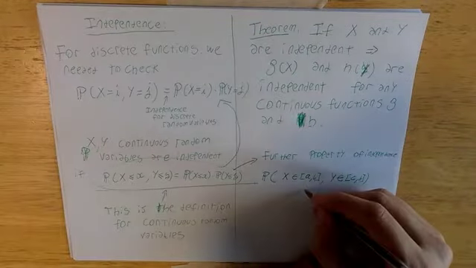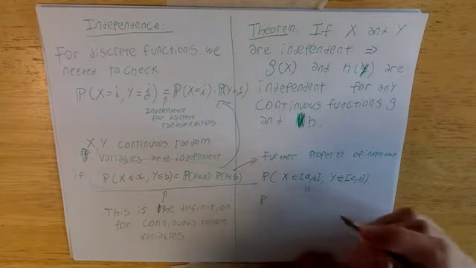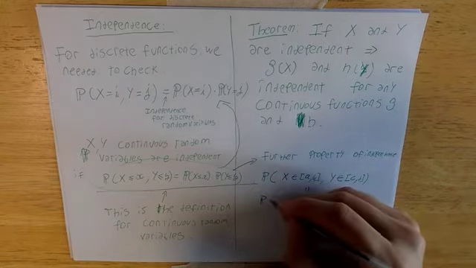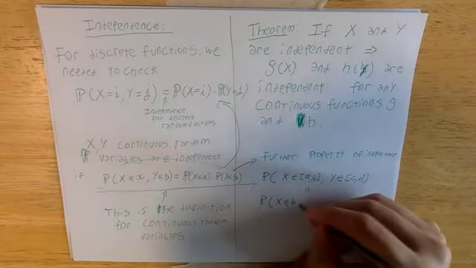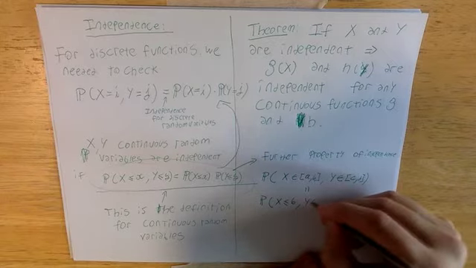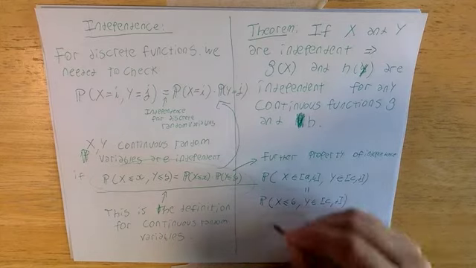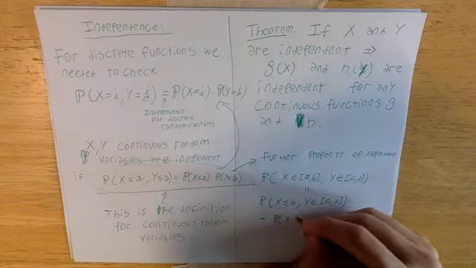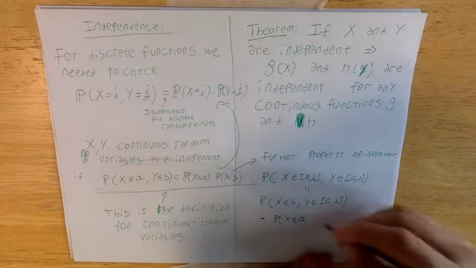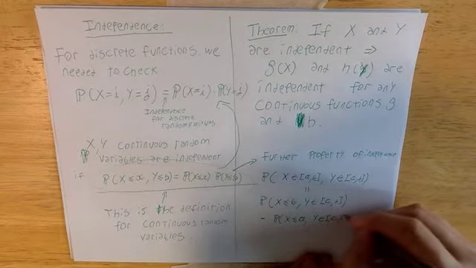So here, by the law of total probability, this is equal to the probability that X is less or equal than b and Y is in (c, d], minus the probability that X is less or equal than a and Y is in (c, d].